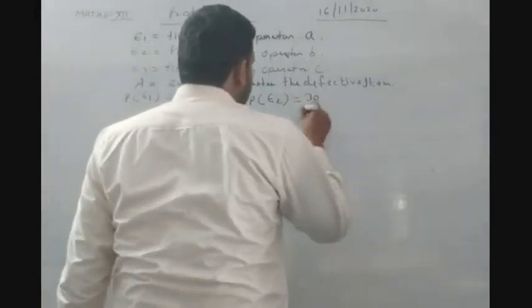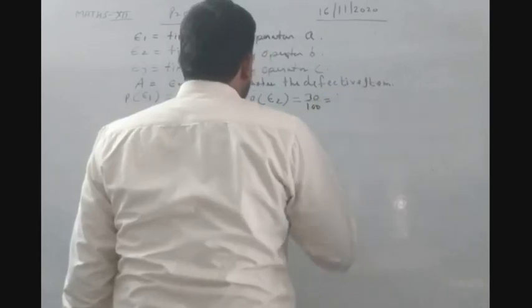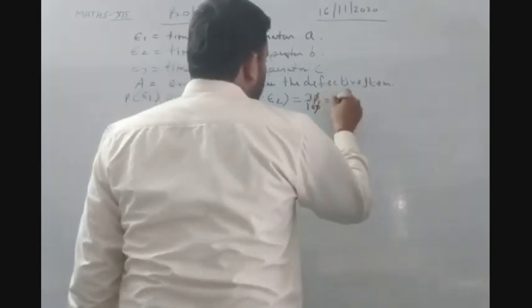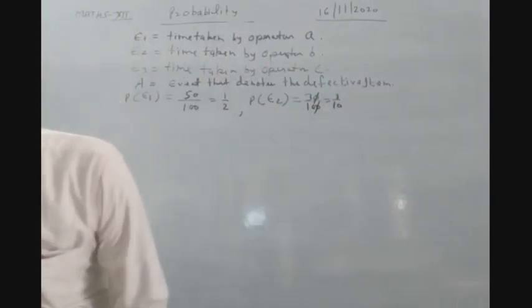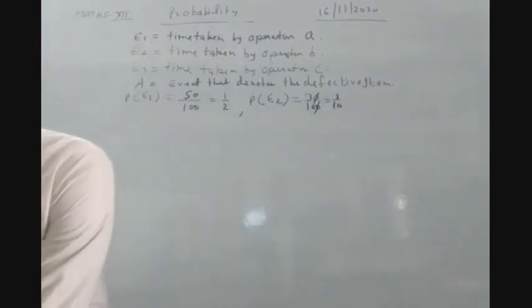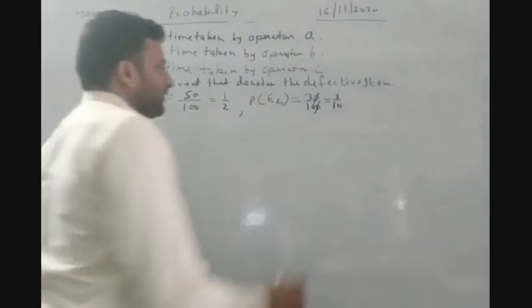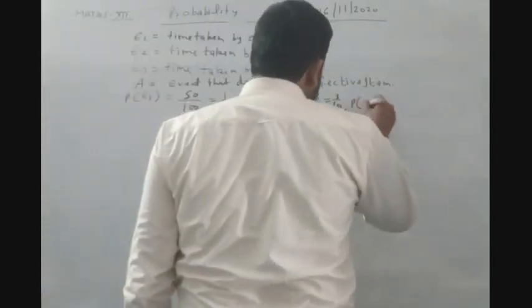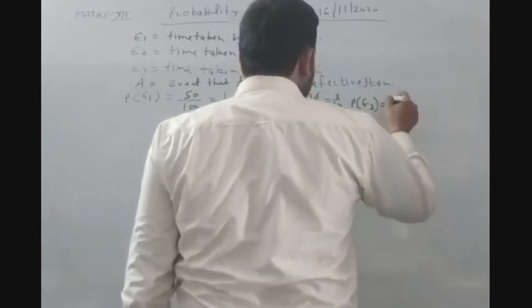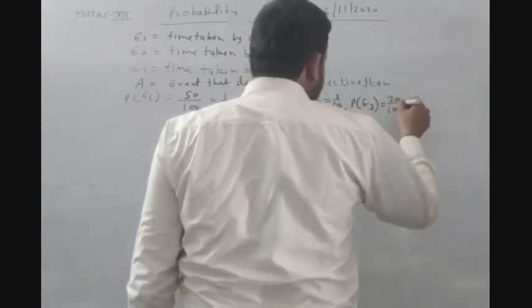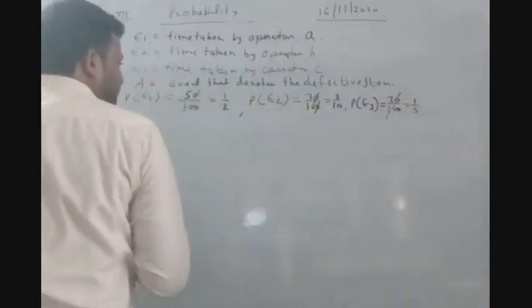Okay, so it will be 3 by 10. And the time taken by operator C, that is probability of E3, is 20 by 100. This is 1 by 5. Okay.